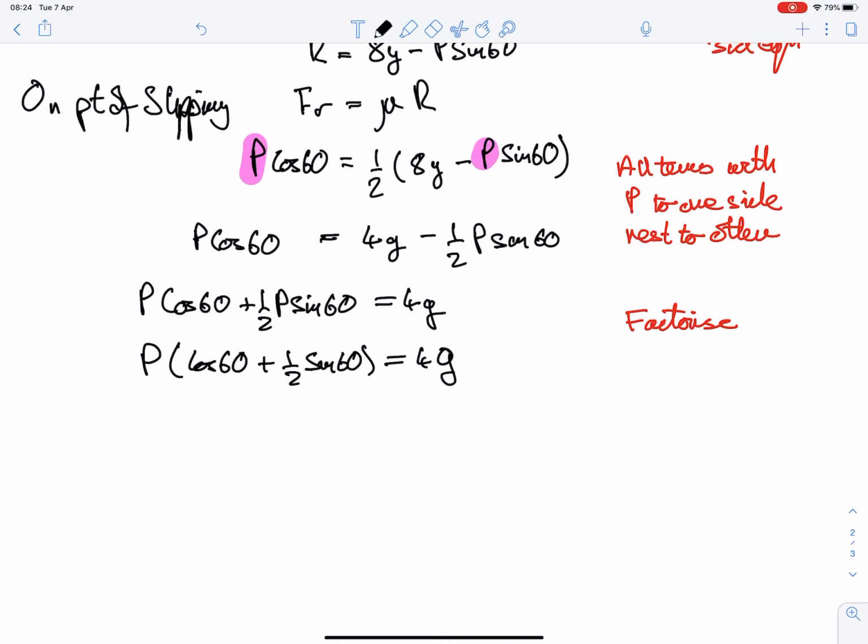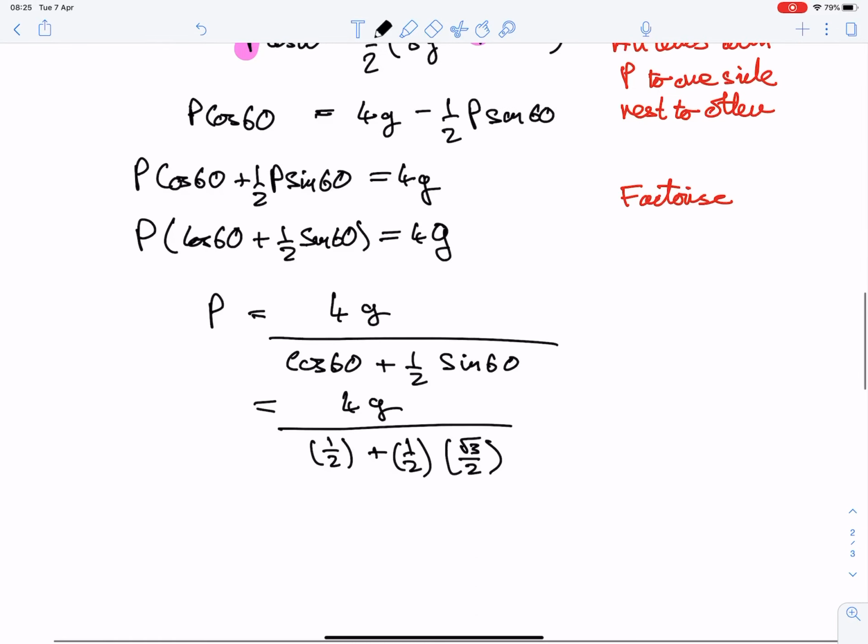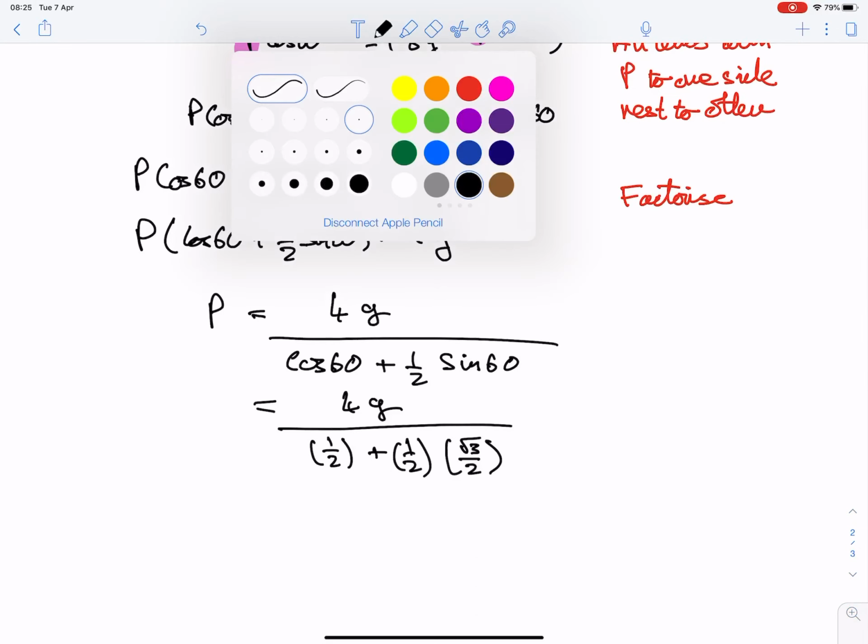Okay, and then we can divide down by that. So P is equal to 4g over cos of 60 plus a half sine of 60. Well, cos of 60, we should know, is a half, plus a half root 3, since sine of 60 is root 3 over 2. Well, first of all, we multiply top and bottom by 2. That's nice and easy.